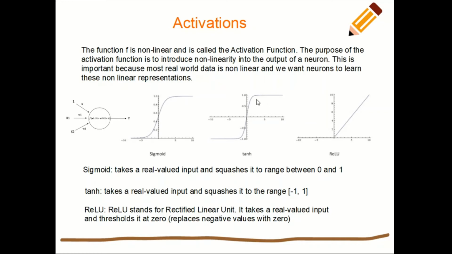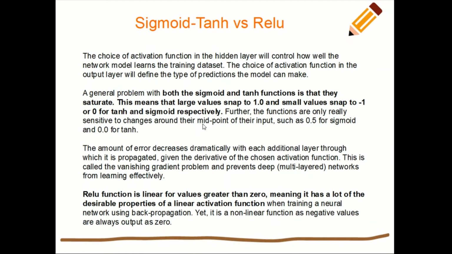When we are out of this range, it is going to saturate to certain values. The amount of error decreases because of this, especially when additional layers are added, and that gives rise to the vanishing gradient problem. Which is not good, because in that case our network won't be able to learn beyond a point.